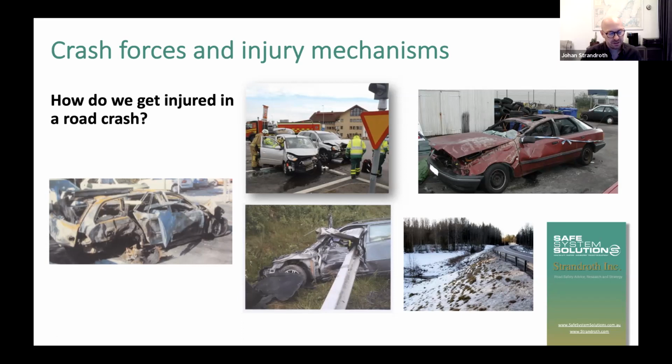And that could be in a number of ways. If you're not wearing a seatbelt, had you worn a seatbelt, that could have prevented some fatalities, but not all of them. That depends on the injury mechanisms, or if you have an airbag, or if you brake before the collision, or if you put up a guardrail, etc.